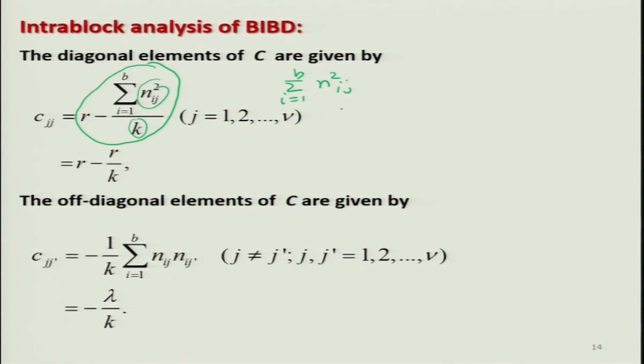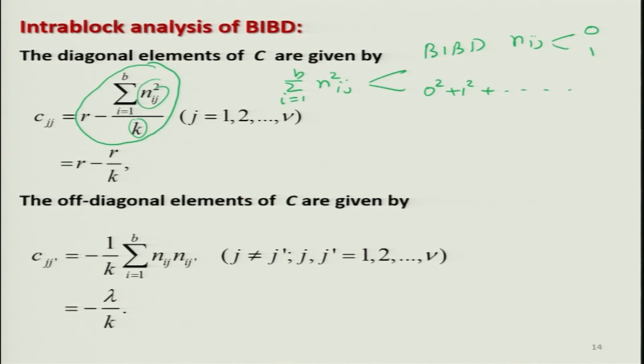In the case of BIBD, this nij is going to take only the values 0 and 1. So, this summation is going to be something like 0 square plus 1 square plus up to some value, whatsoever be the construction of the design or the way in which the treatments are given to the blocks.